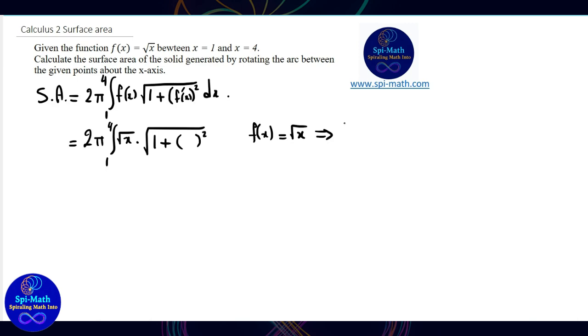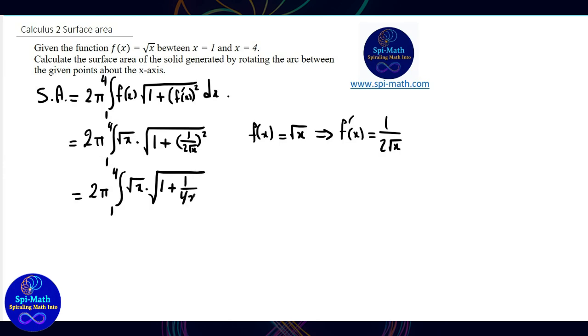So a very simple calculation in calculus will let you know that the derivative is 1 over 2 radical x. Then we will substitute it here, 1 over 2 radical x. This gives us 2 pi integral from 1 to 4 of radical x times radical 1 plus 1 over 4x dx. How can we calculate this integral?